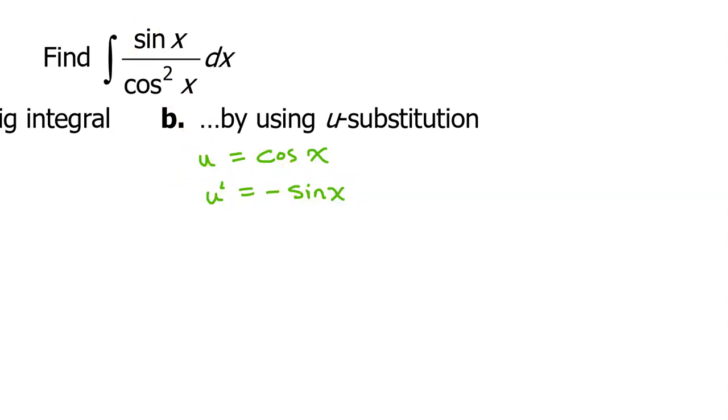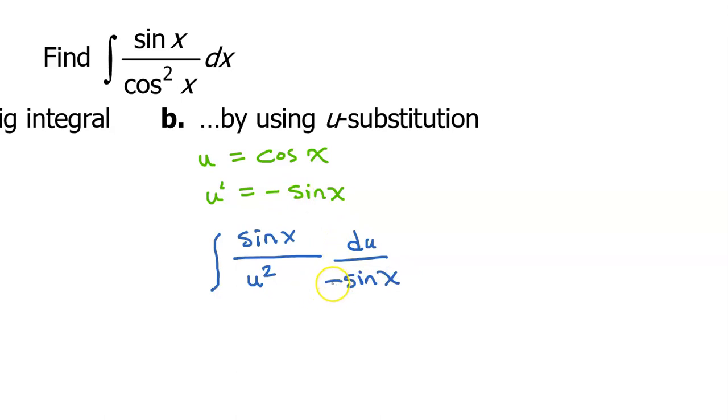So we can rewrite this integral in the following way. We have the integral of sine x over, so cosine is now u, so cosine squared will become u squared. We replace dx with du over u prime. So that's du over negative sine x.